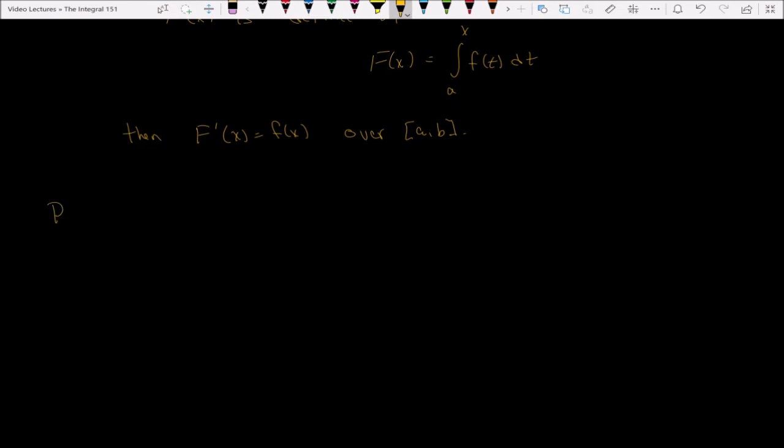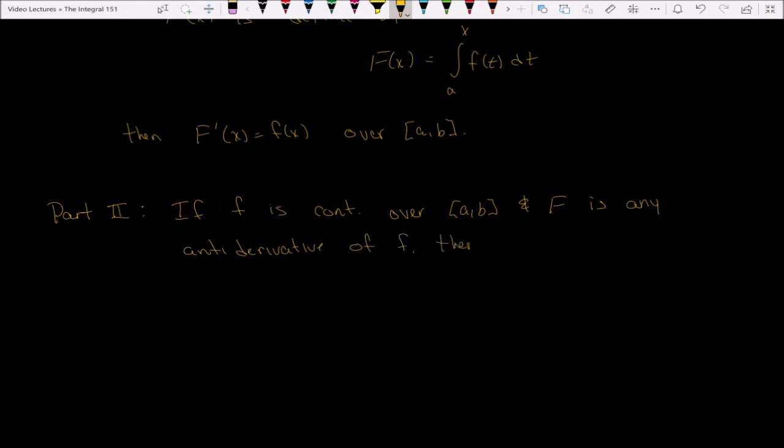Part 2 is typically the part that people refer to when they're referring to the fundamental theorem of calculus, and it says if little f is continuous over the interval a to b, and big F is any antiderivative of little f, then the integral from a to b of f of x dx is big F of b minus big F of a.